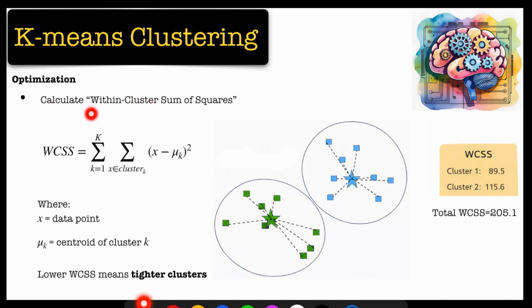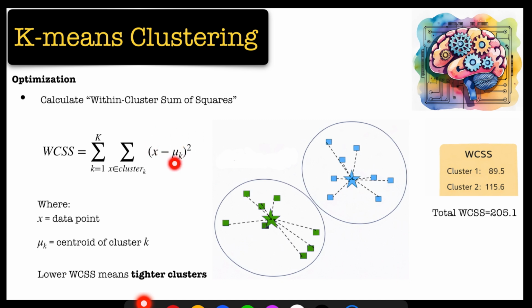How do we calculate this within-cluster sum of squares? So WCSS is the summation over small k equals 1 to K, that means for all the clusters we are summing this up. Then the summation over x in cluster k, that means the data points in the particular cluster k, of x minus mu k squared.